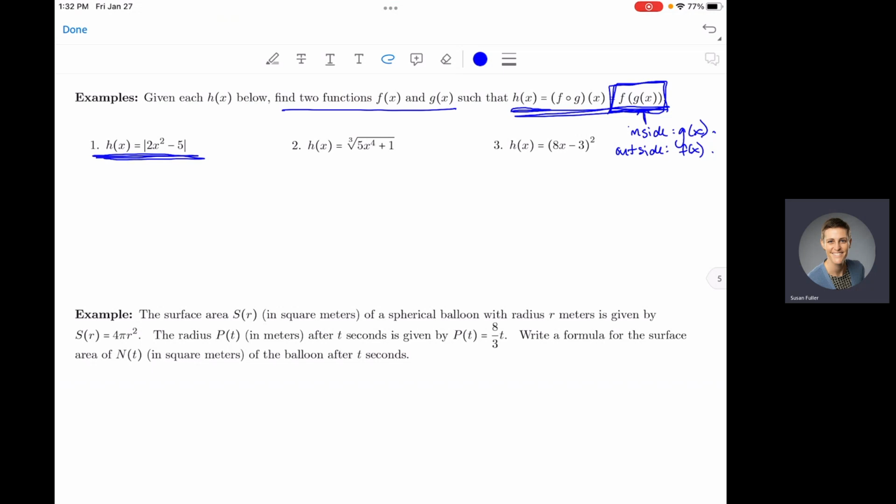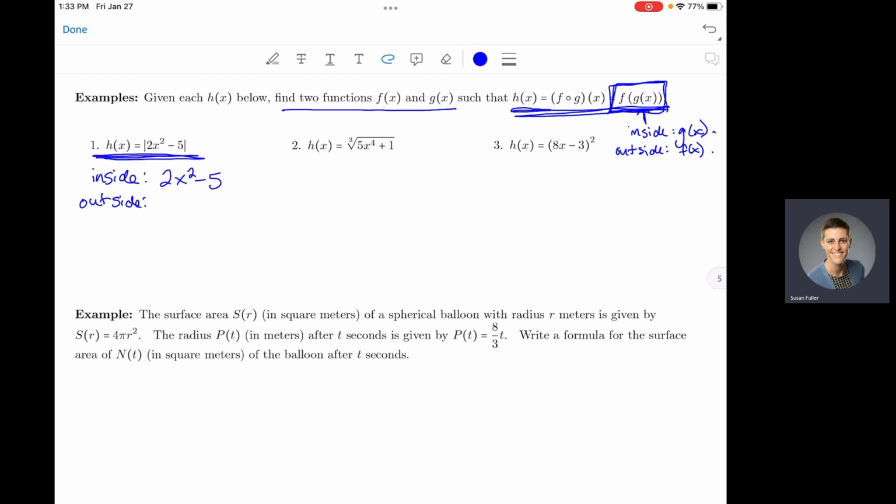So number one here, let's just start with this one. What you want to do is identify an inside function and an outside function. That's really how I want you to look at this. Hopefully, if there's an expression that you can describe as being inside something else, most of you will see that the expression 2x squared minus 5 is inside something else.